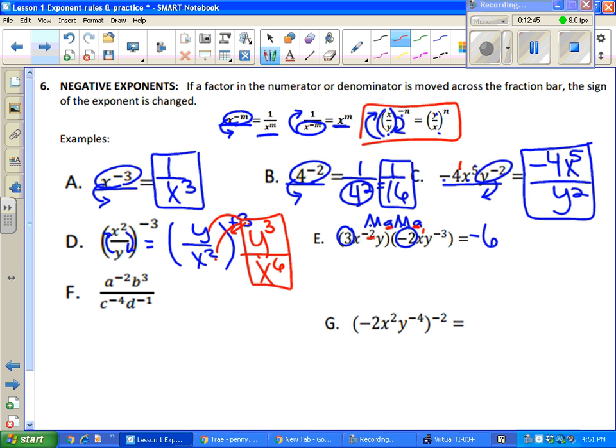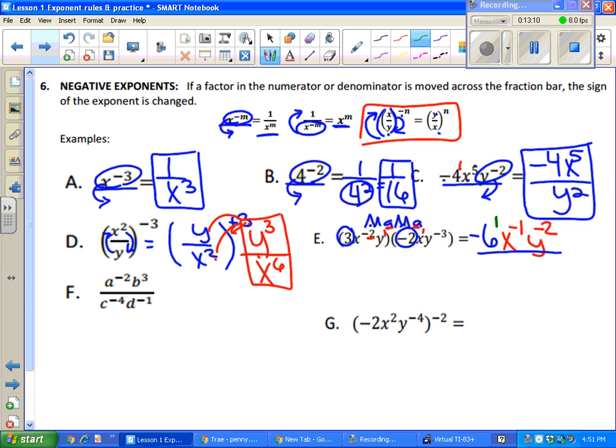So I'm going to add negative 2 plus 1, which is x to the negative 1. Now add y to the 1 plus y to the negative 3. That's y to the 1 plus negative 3, which is negative 2. Everything that has a negative exponent needs to go to the bottom. Does negative 6 have a negative exponent?